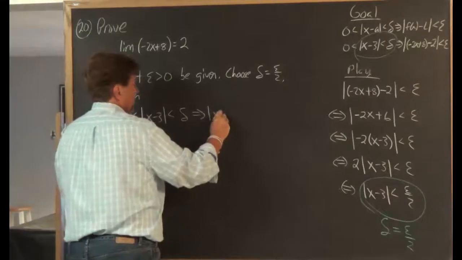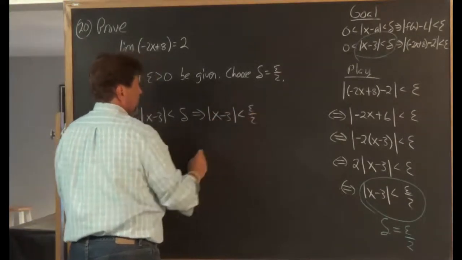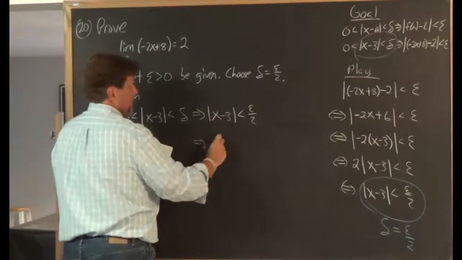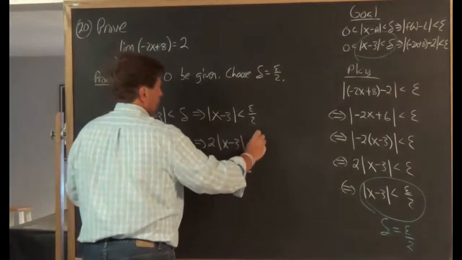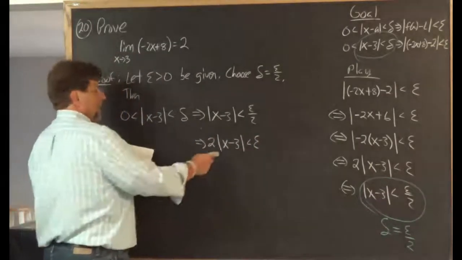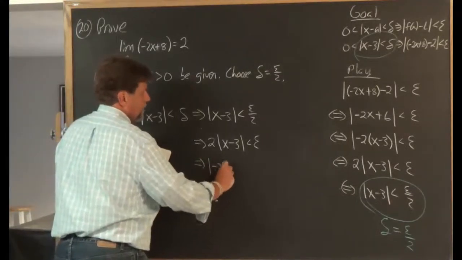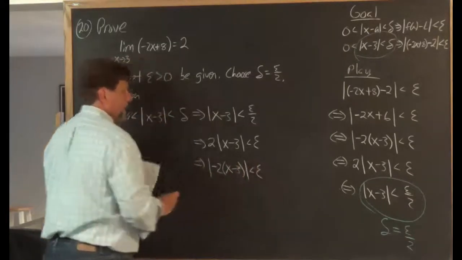Well, that's the absolute value of x minus 3 is less than epsilon over 2. That's the same thing as, multiply both sides by 2, 2 times the absolute value of x minus 3 is less than epsilon. This is the same thing as saying the absolute value of negative 2 times x minus 3 is less than epsilon.